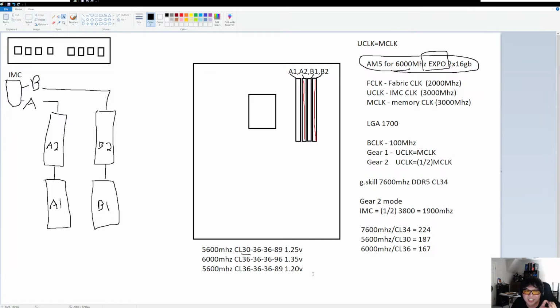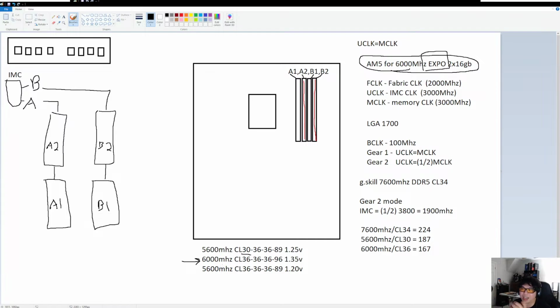Where the guessing makes sense is if you're trying to save money on memory. Let's say you want to buy a G-Skill 6000 megahertz kit, but you want to make sure you're getting Hynix memory as opposed to Samsung memory. Then you're going to want to look for something like cast latency 30, 36, 36, or cast latency 28, 32, 32, or 28, 34, 34, 96.